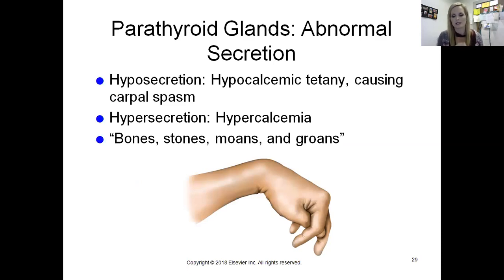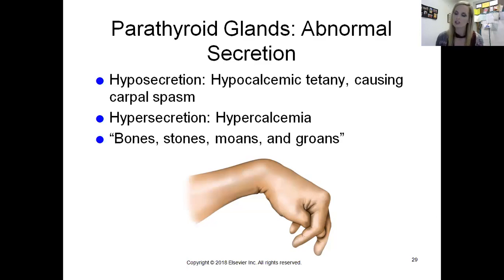What happens is calcium will stabilize our nerve tissue and those muscle membranes, so that imbalance can cause a sustained tetanic-like spasm in the muscle tissue in the carpals. You can see in the carpals here where it kind of leaves it in a spastic state. So that's what that is. It causes that carpal spasm.